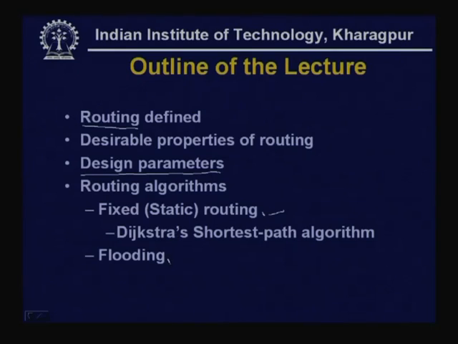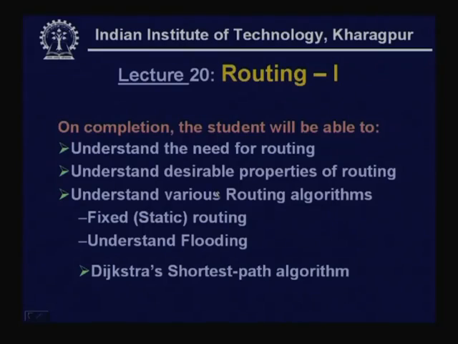So, we shall primarily discuss two important routing techniques, fixed routing and flooding, in this lecture, and in the next lecture we shall discuss some more routing algorithms. On completion of this lecture, the students will be able to understand the need for routing. They will understand what is routing, and the desirable properties of routing.